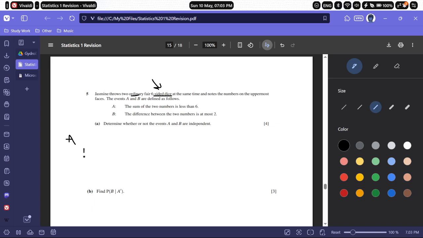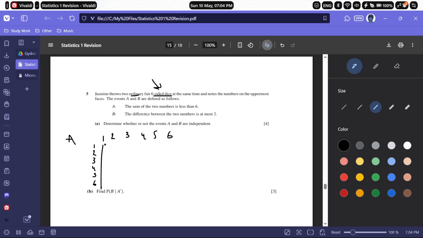Just write the numbers 1, 2, 3, 4, 5, 6 along each side, which is essentially your sample space.